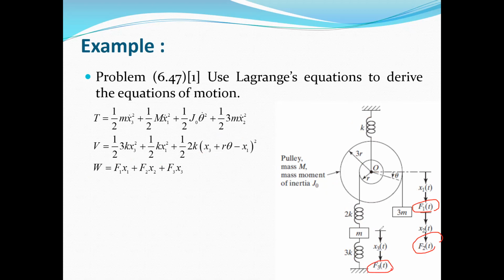F3 is applied to the degree of freedom x3, so the work done by this force is F3 times x3. F1 is applied to this point, so the degree of freedom of this point in translational motion is x1, so the work done by F1 is F1 multiplied by x1. And finally, for F2, we have the same, F2 multiplied by x2. These are the work done by the external forces.